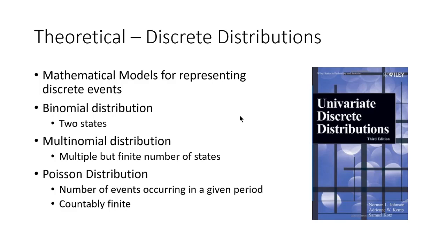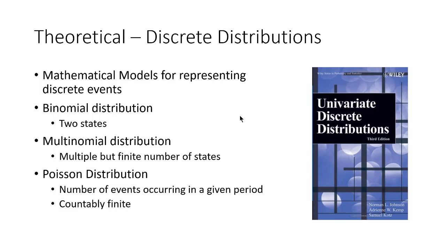Theoretical distribution functions. The binomial distribution and Poisson distribution are the two distributions I'm going to talk about in this class. Binomial distribution is when you have two states, and the Poisson distribution is when you have a number of events occurring during a period of time. You could also have a multinomial distribution where you have multiple states you can take.